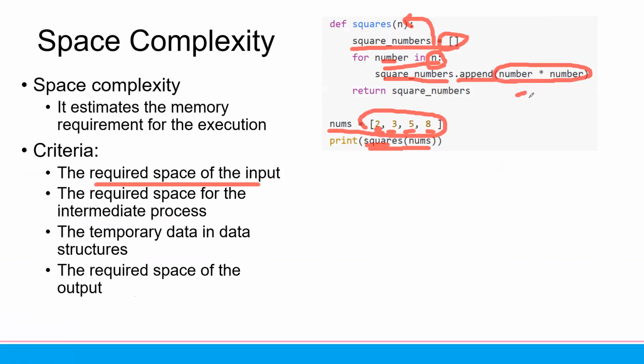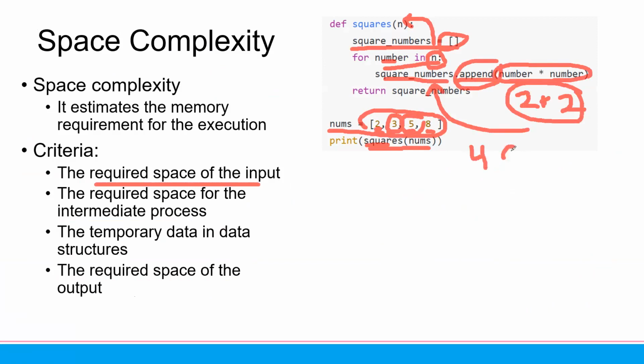It means 2 multiplied by 2, which is 4. We want to add it into the square numbers. And then we go to the next number, which is 3. Again, we append 3 multiplied by 3. And then we go to the next, 5. Again, we append. So at the end, we will have 4, 9, 25, and 64.